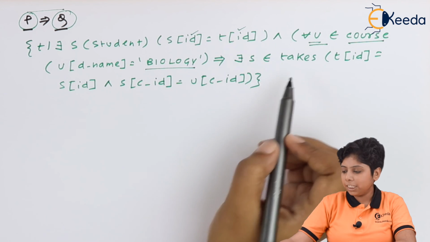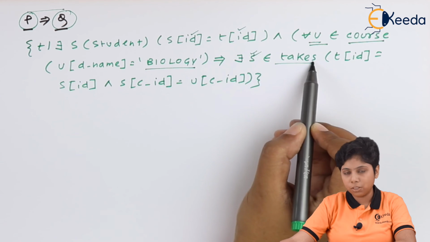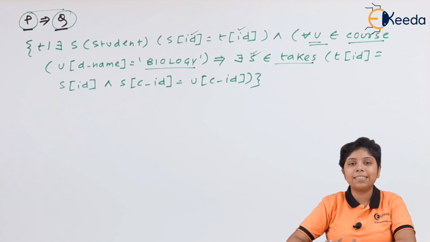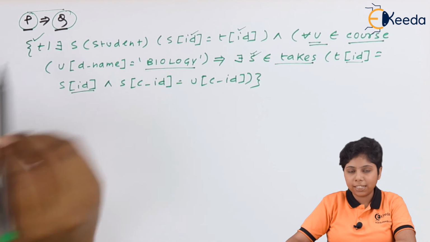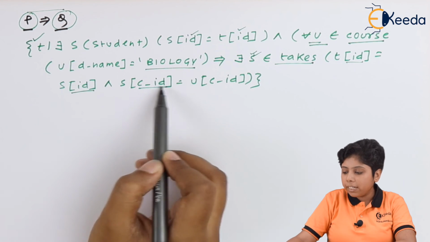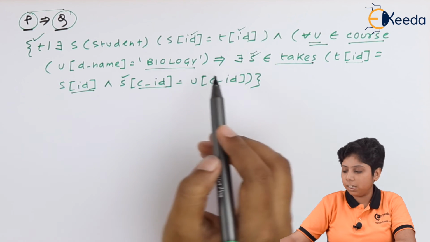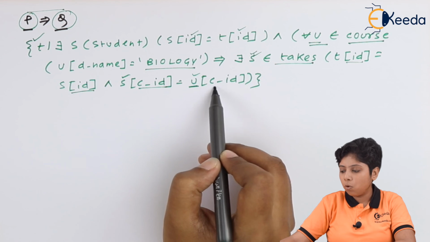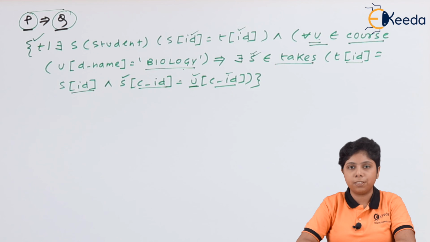See here in the next part I am taking that the student S belongs to the takes relation. That means it has taken a course from the university. This ID matched with the student ID that we are selecting, and the course ID of the particular student S which has been taken in a university must match with the course ID of a U which is the biology department courses.